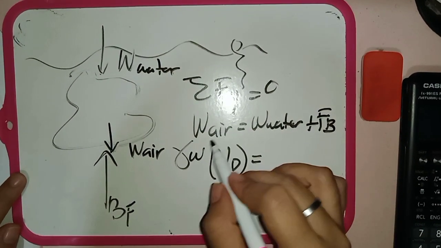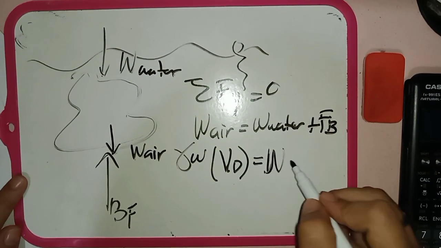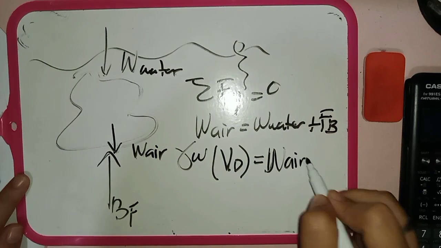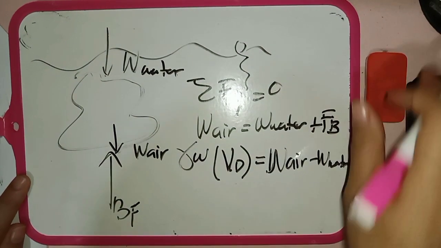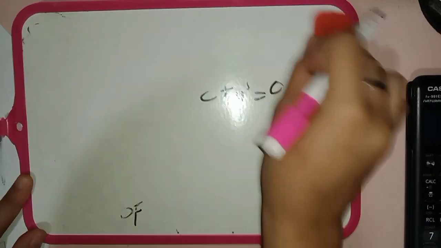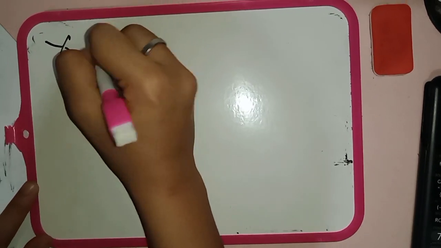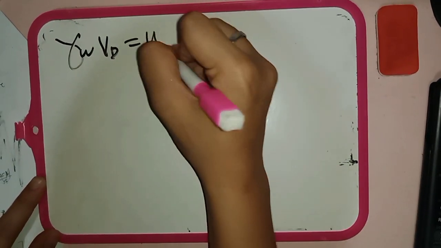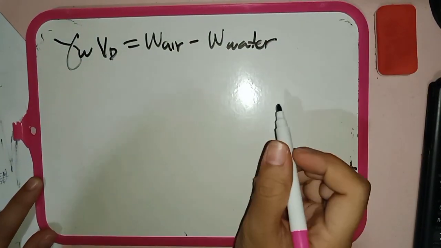Then we just transpose it: weight in air minus weight in water. So VD equals weight in air minus weight in water, divided by the unit weight of water.